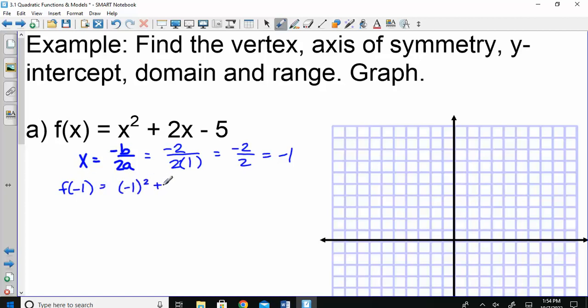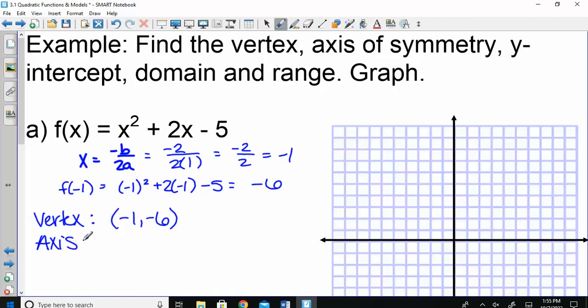So negative 1 squared, 2 times negative 1, minus 5. So 1 minus 2 minus 5 is negative 6. Vertex, for me, you have to write it as an ordered pair. X, y. Negative 1, negative 6.